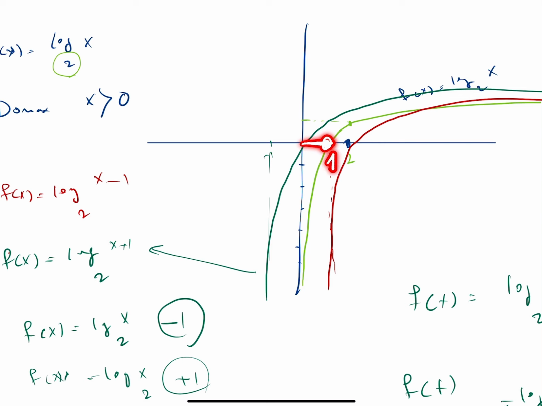And because the logarithm base is 2, I have to find 2 here and go just 1 up. Now because of these 2 points, I come from here, pass through 2 and go in this direction. This one is the result of this equation.